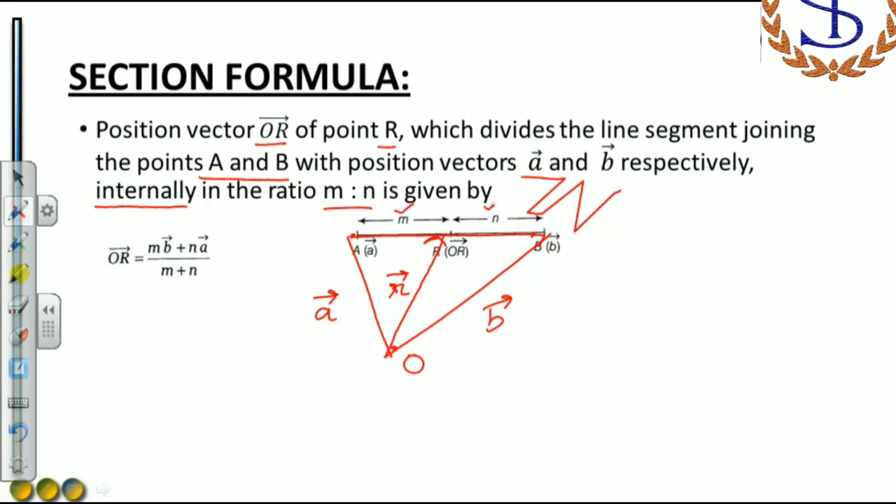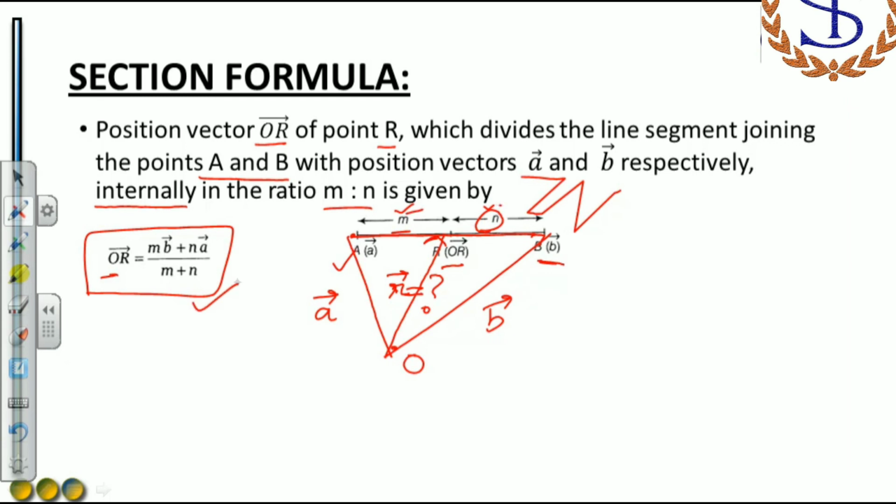By using the section formula, this OR vector is (m B vector plus n A vector) upon (m plus n).